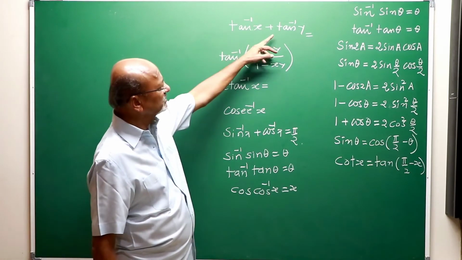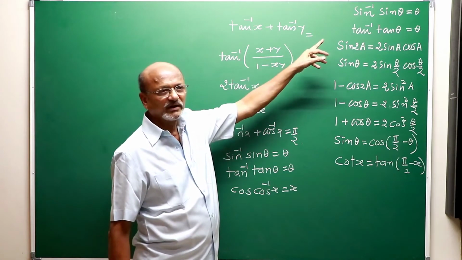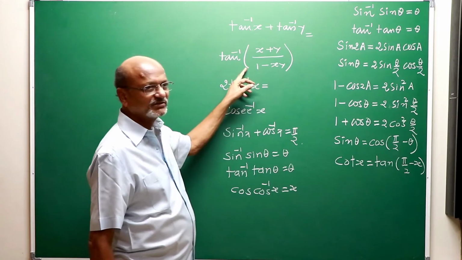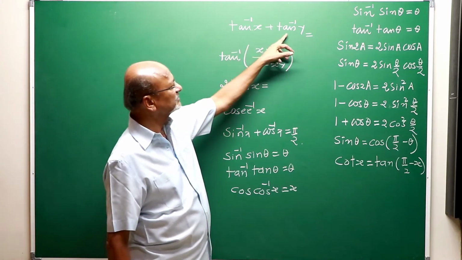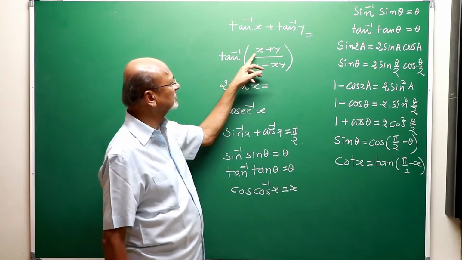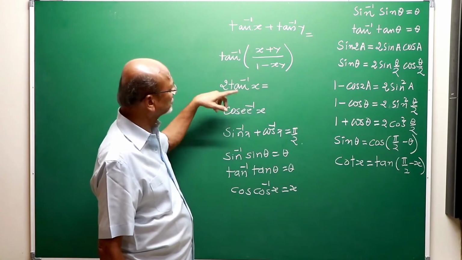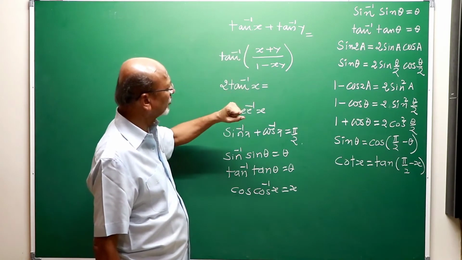Tan inverse x plus tan inverse y equals tan inverse of (x plus y) upon (1 minus xy). This is the reverse; from this to this. What are our observations?